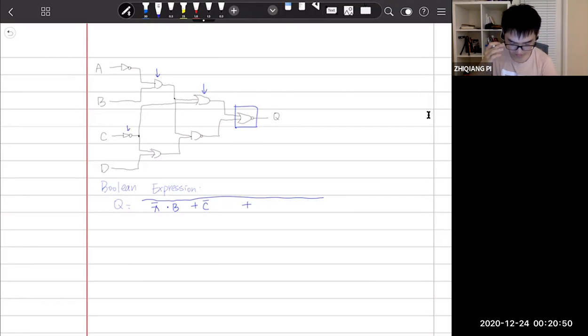And then on the other half of this OR gate, we have a NAND gate. So we get an AND with a big NOT overhead.